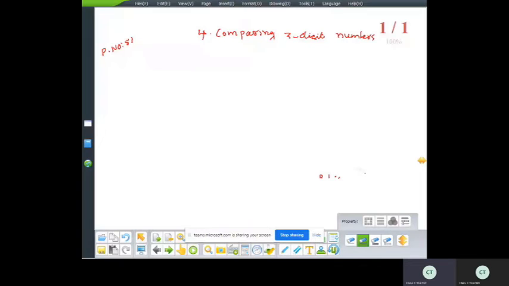Now, question number 6, that is page number 51. Write the 10 three-digit numbers which have 9 in the 10th place. We want 3-digit numbers. The condition is the digit 9 in the 10th place.